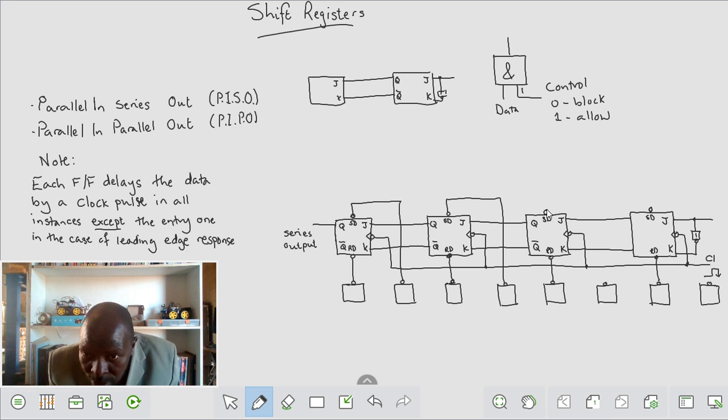A pair of NAND gates each to set, and I'm going to need to remove the traffic here. A pair each for set and reset, and it's a pair of NAND gates.